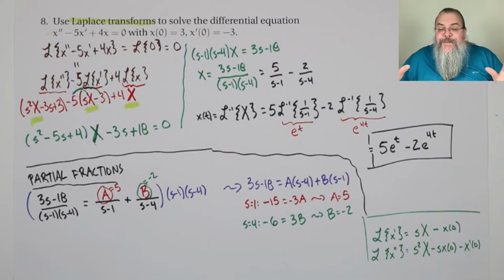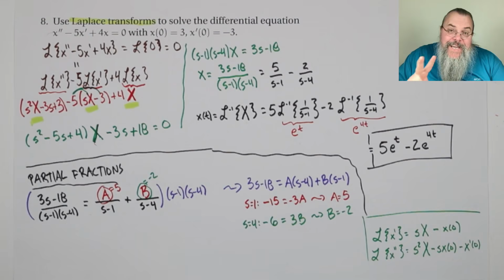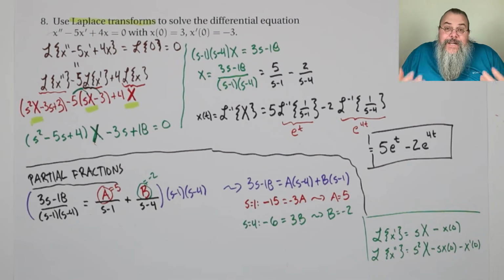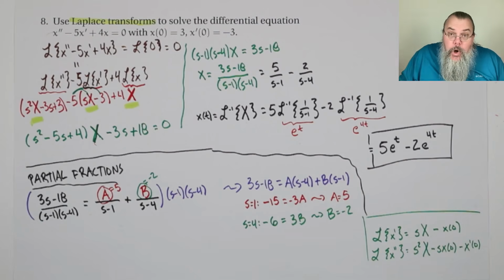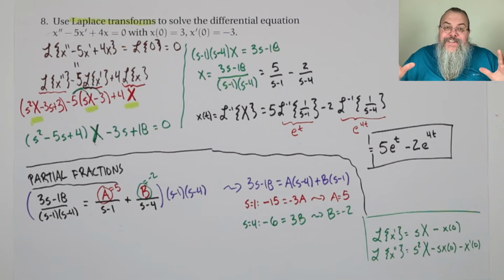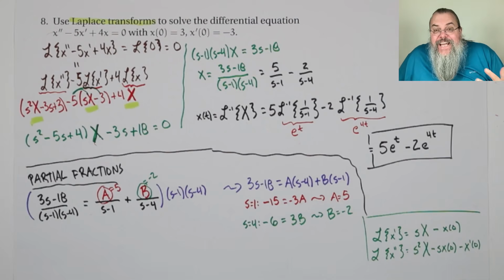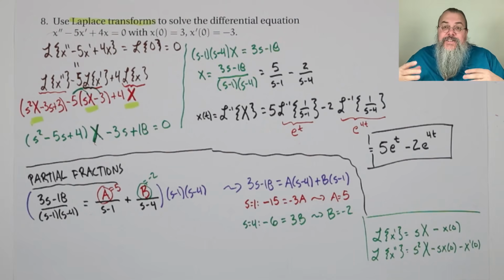Now, I'm going to tell you this. This is my second time working through this problem because I got to an answer and I did my checks and I was like, whoops, I was not satisfying my initial conditions. So I knew I had made a mistake. And so I said, okay, I know my answer is wrong. So let me find my error.